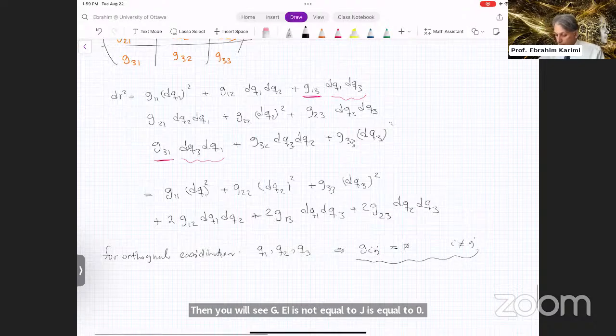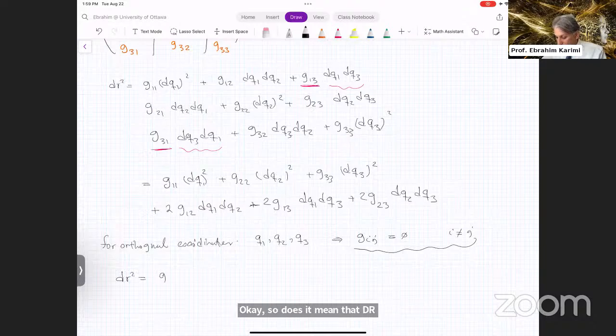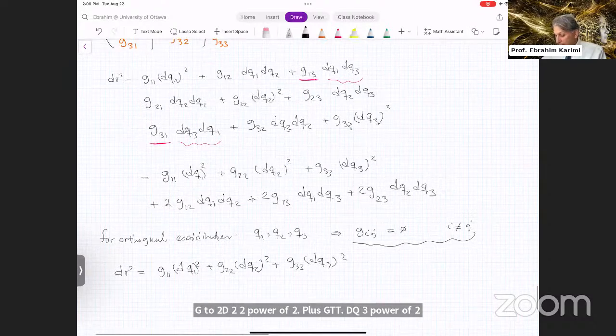Does it mean that dr squared is indeed given by G11 dq1 squared, plus G22 dq2 squared, plus G33 dq3 squared? That is for the case that you have orthogonal coordinates.